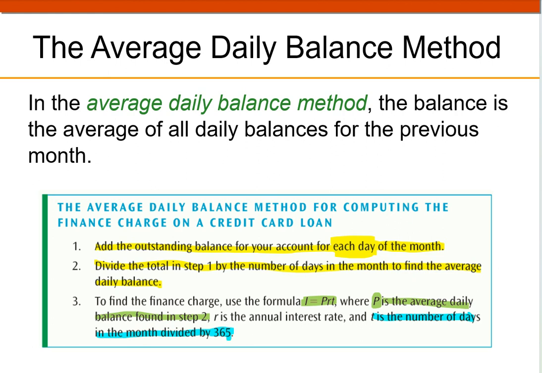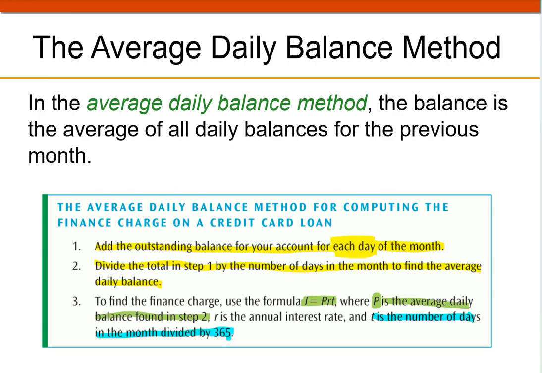Now when we were doing the unpaid balance method, they just calculated it one time for the month. So time was 1/12. But they're going to calculate this for every single day in the month.